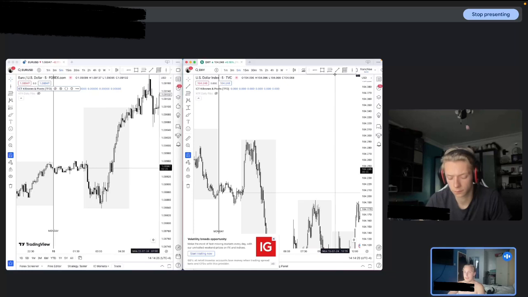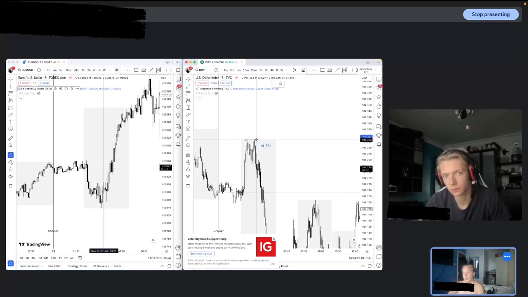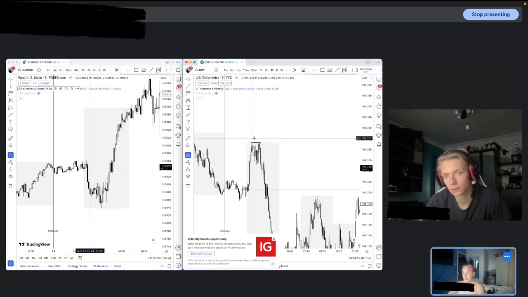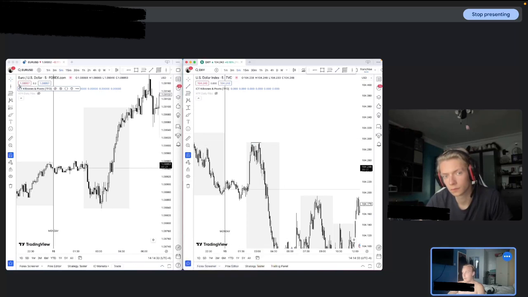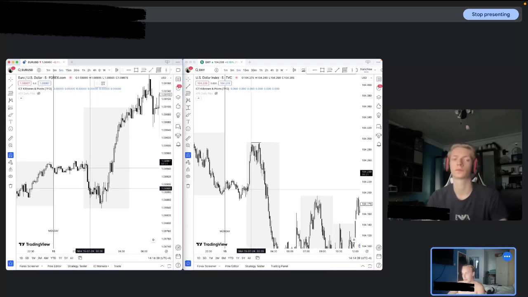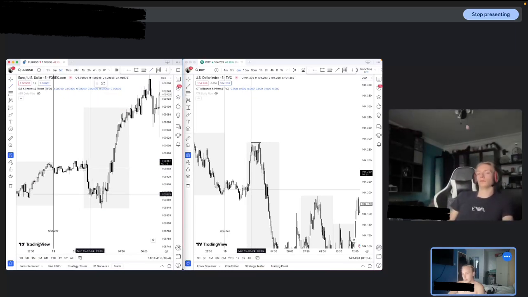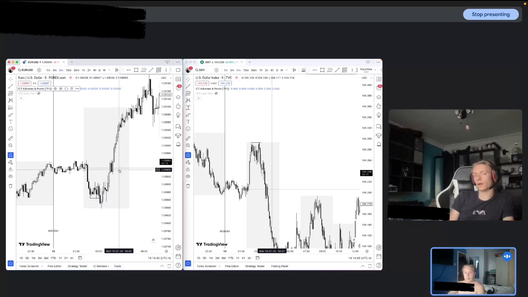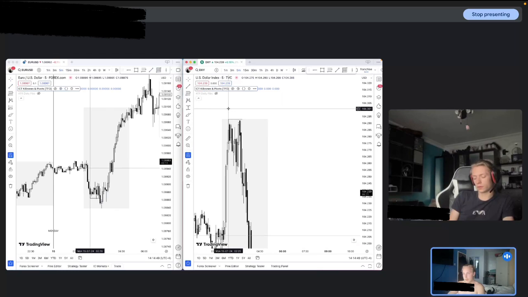swept, this is a turtle soup strategy. When the dollar failed to sweep this high, let's turn that off, but this low got swept, you see? So this time was 2:25, right?